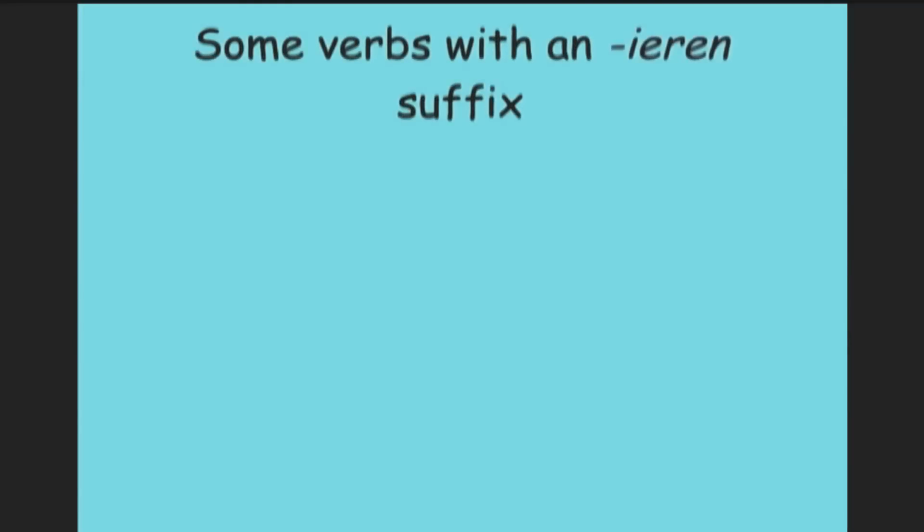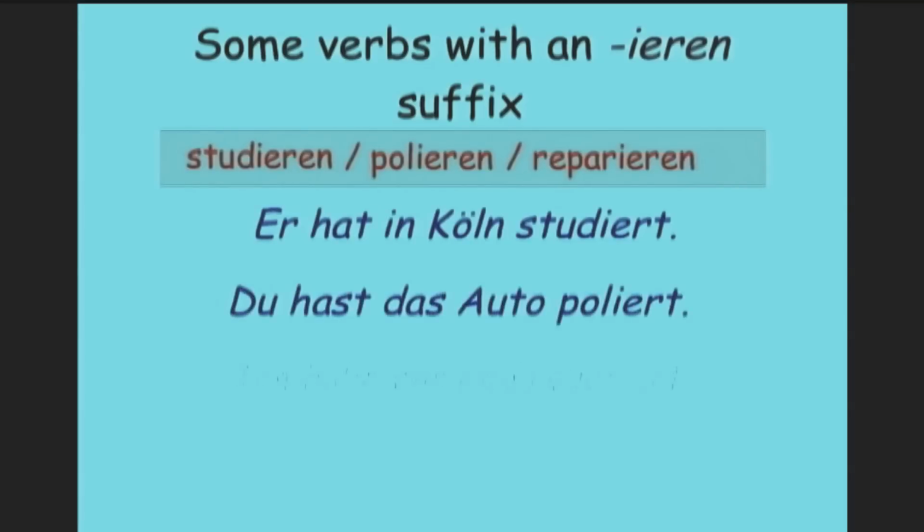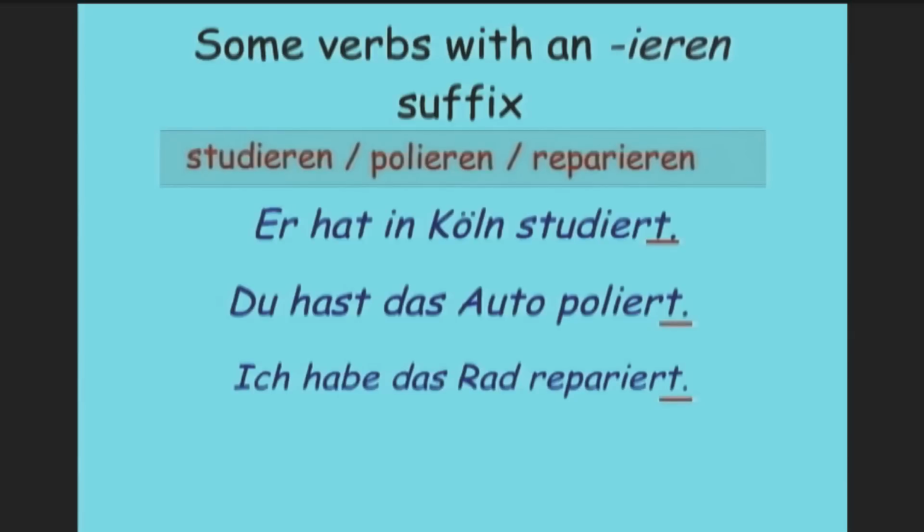Some verbs in German end with an -len suffix. For example, here. Verbs that end with an -len suffix are weak. Notice that they take a T ending in the participle form, and they will not take a GE prefix, as most participles do.